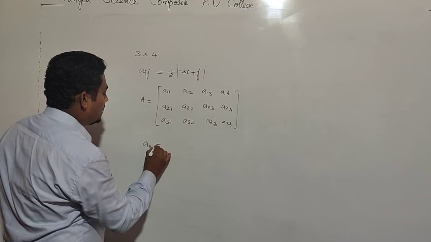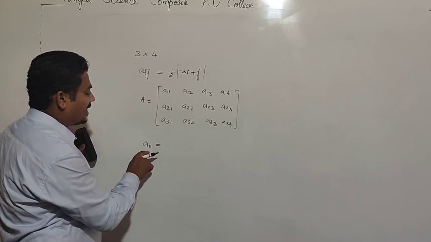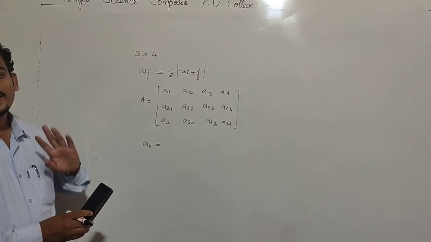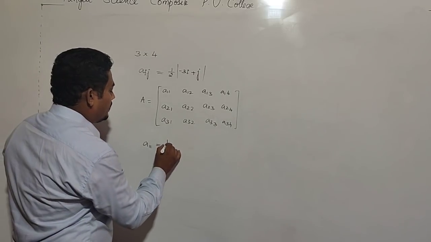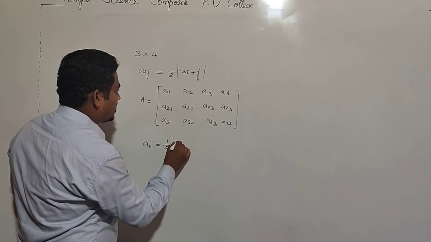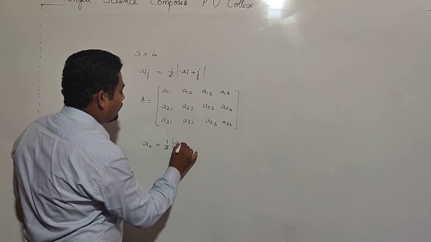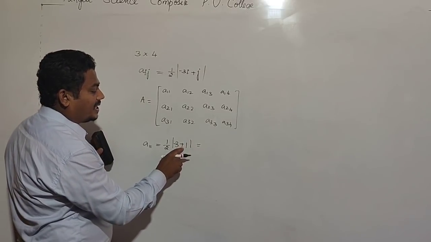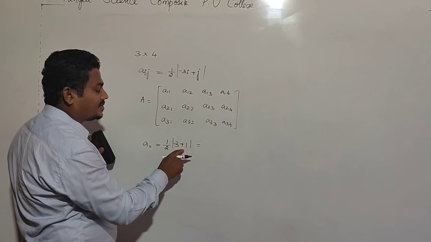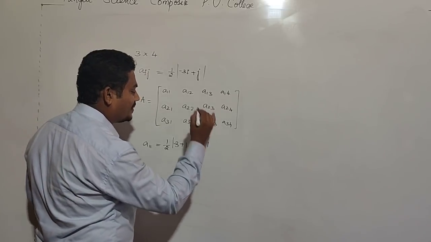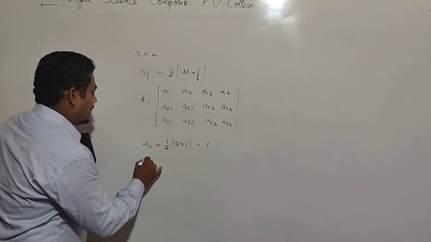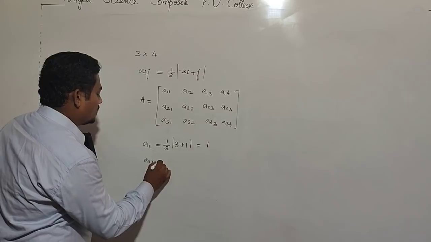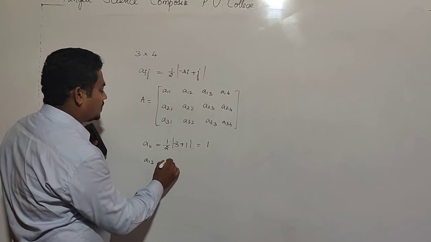A11 means I value 1, J value 1. Simply replace I value and J value. It will be 1 by 2 times modulus of minus 3 plus 1, which is modulus of minus 2. Modulus value is positive. Lastly we get 1. Next element A12: I value 1, J value 2.